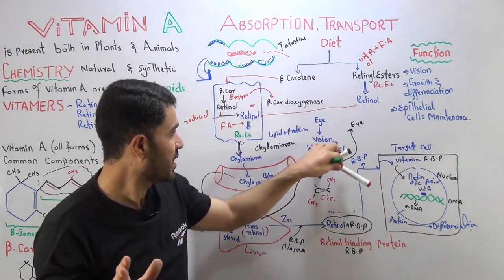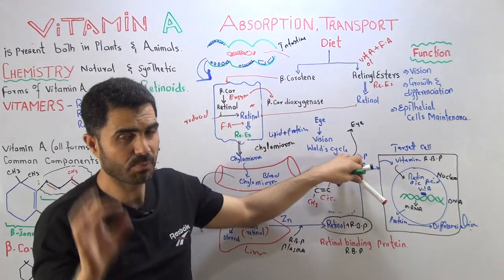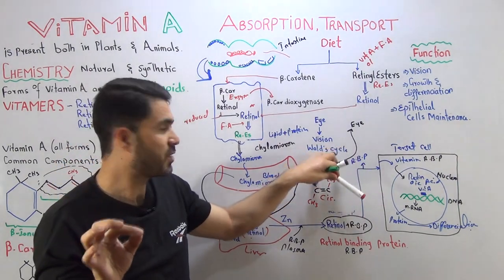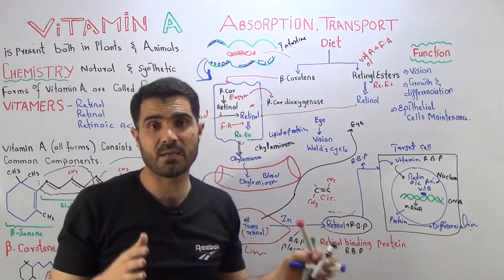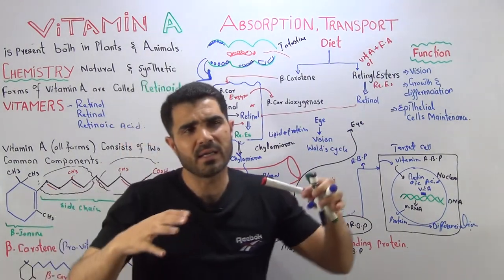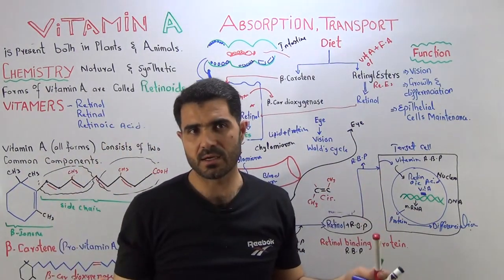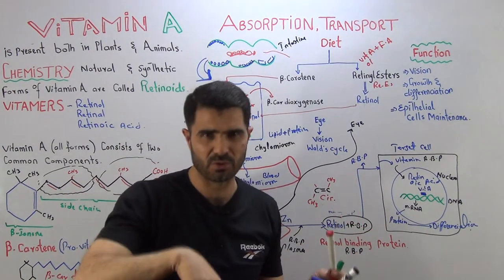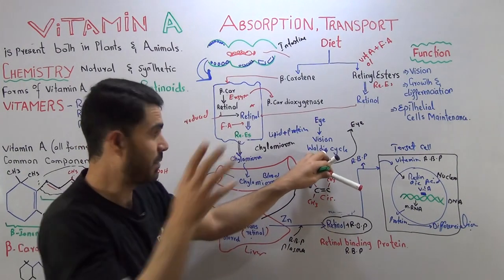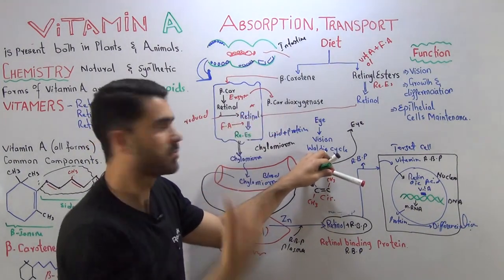Of course, that is the visual cycle. Please remember, in today's lecture we cannot discuss this visual cycle because it requires an explanation that I am planning to record in another video, on how vitamin A helps in vision.